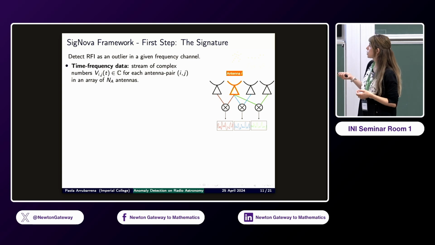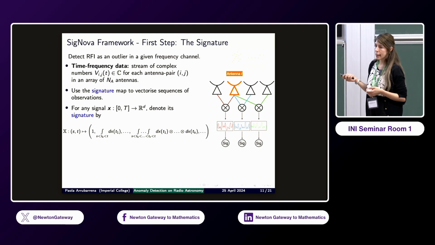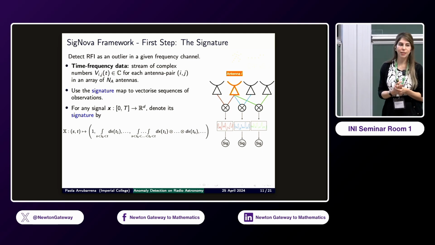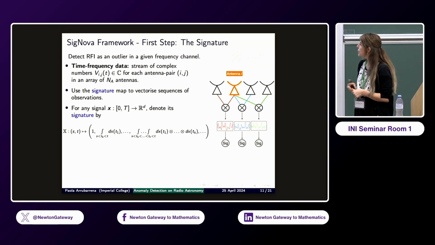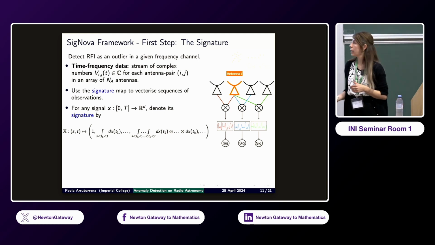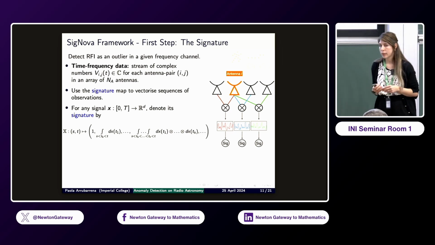The first thing we do is apply the signature to each one of these. We define the signature, and you heard about it already in the morning. For a signal x from 0 to t in R^d, we denote the signature as this set of iterated integrals, truncated at a certain level.